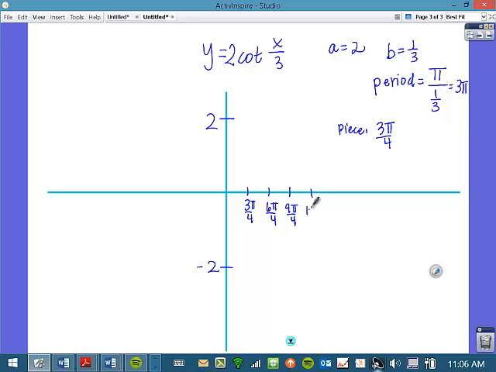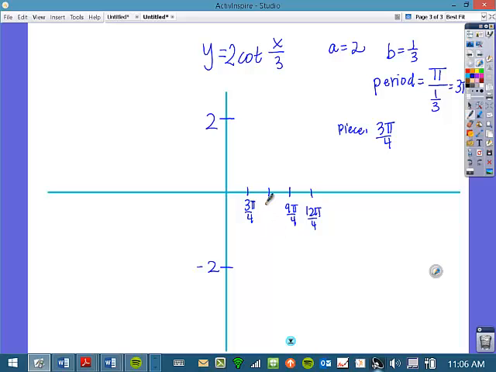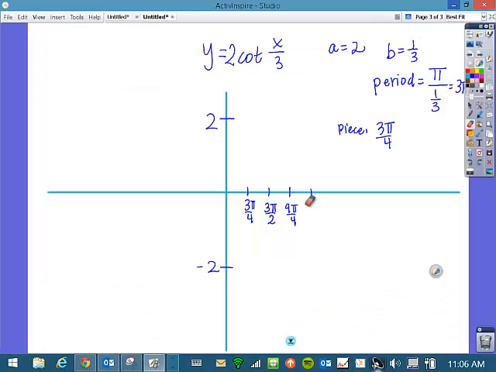My last piece is 12 pi over 4, which you can go back and reduce those fractions. So 6 pi over 4, you can reduce that fraction to 3 pi over 2. And 12 pi over 4, you can reduce that fraction to 3 pi.